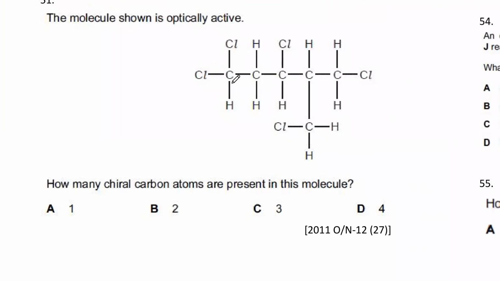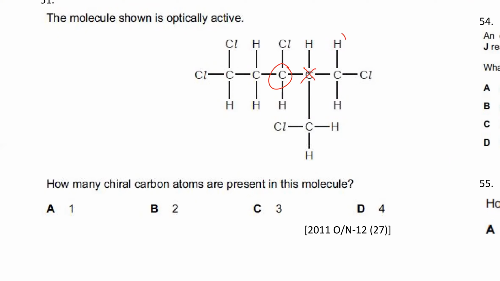Anyways, how many chiral carbon atoms? Is this chiral? No. Two H's, right? Is this chiral? No. So this one is chiral, right? Cl, H, this side is different. Is this chiral? No, it's not.